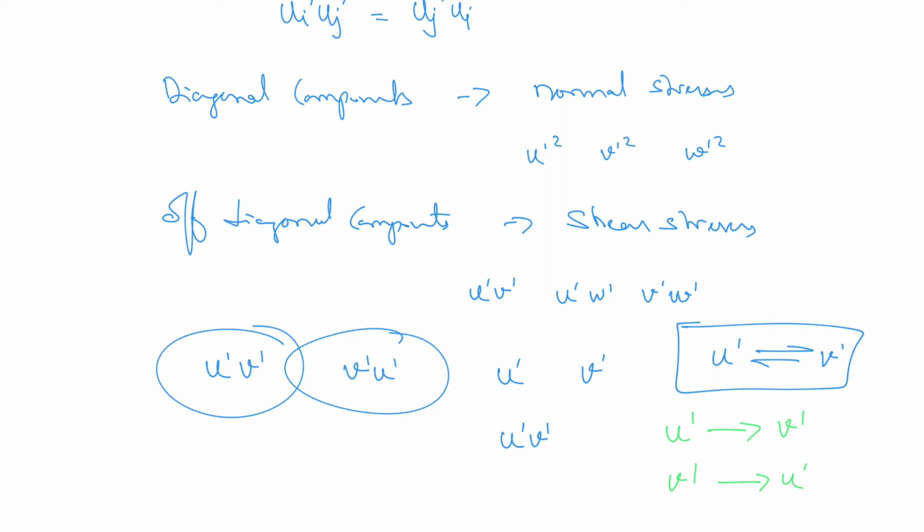So the momentum gets transferred from one direction to another direction by these off diagonal components, or the shear stress components. That's what we can try to understand from the Reynolds stress tensor, right?